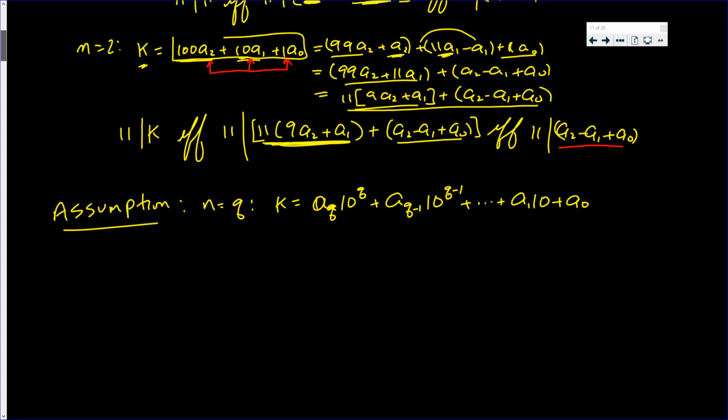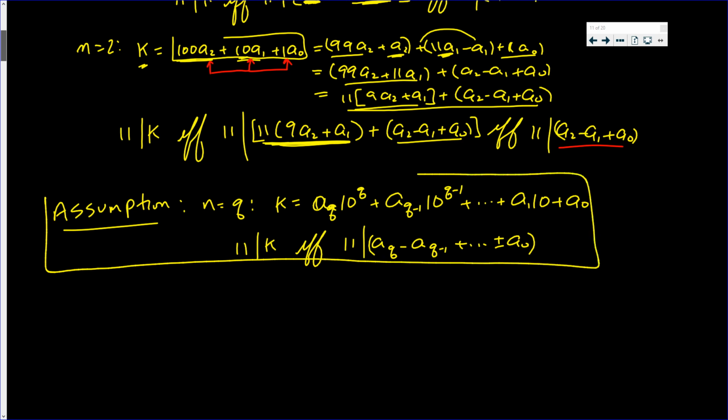And we assume that 11 divides k if and only if 11 divides aq minus a(q minus 1) plus all the way down to a0. I don't know if it's plus or minus. If the highest power of 10 is q, then 11 does divide it.